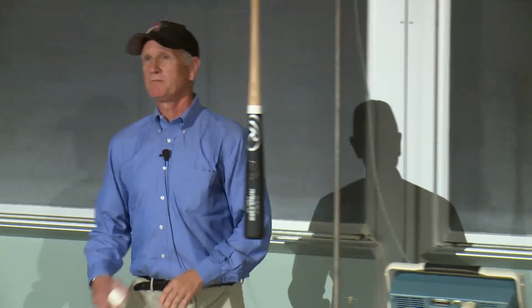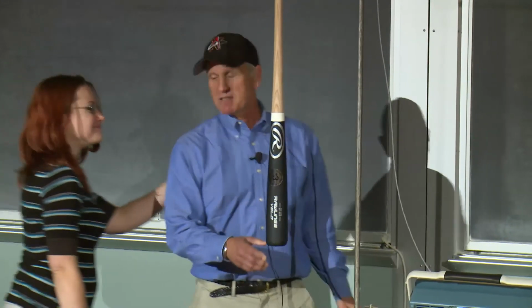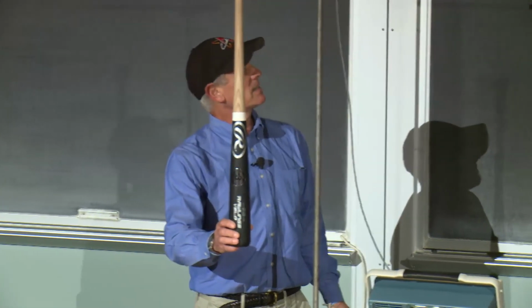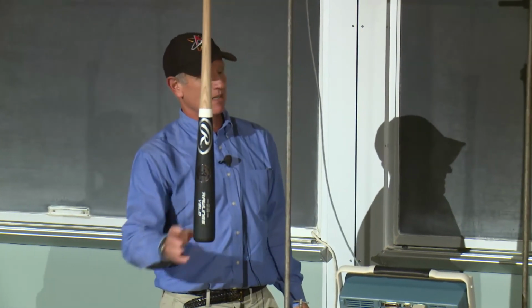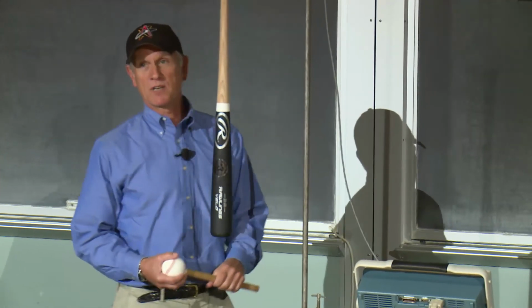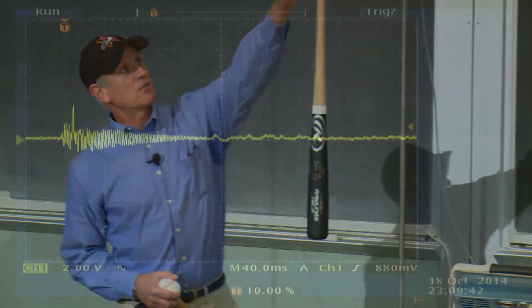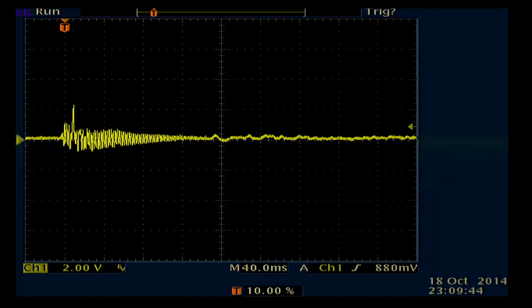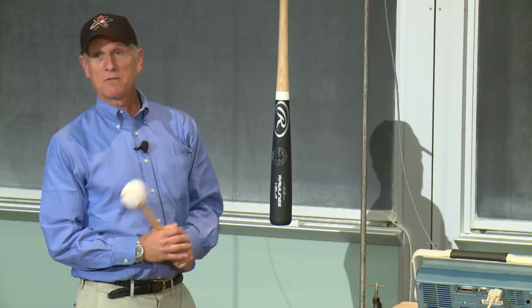So these brilliant people, Monica and Matt and Warren, have done for us is set up an experiment where we can actually investigate the vibrations in the bat. This is an oscilloscope trace, which is measuring what a microphone or transducer here is measuring as I hit the bat in a few different places.